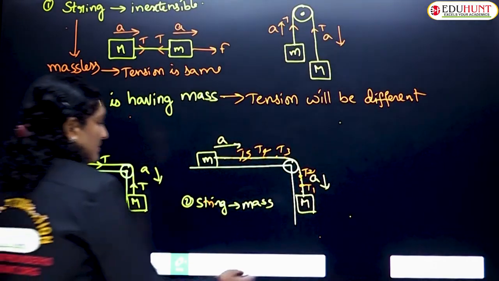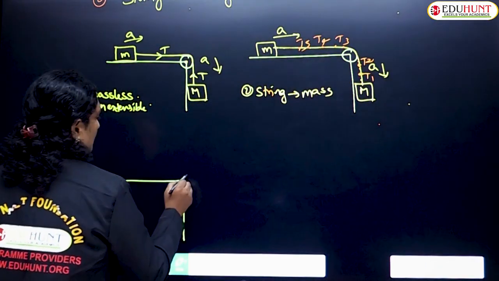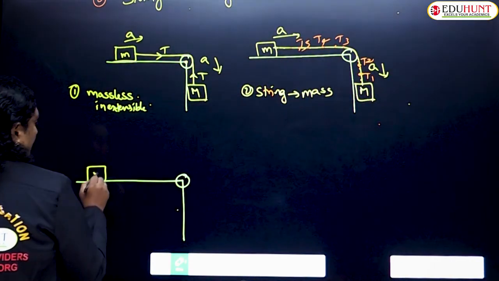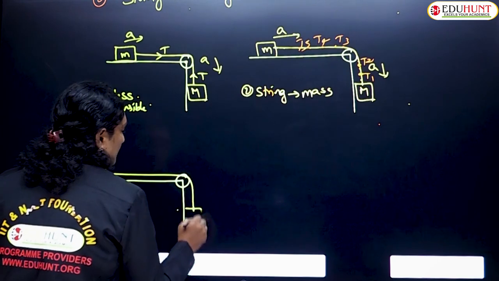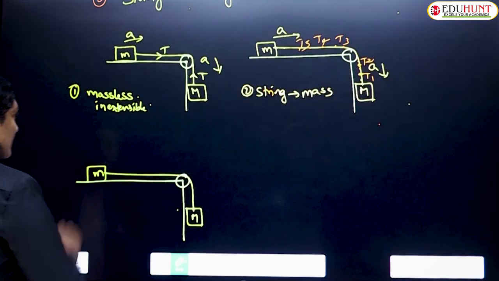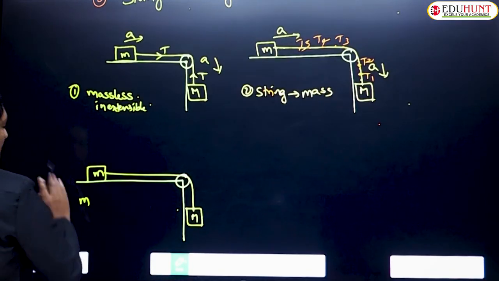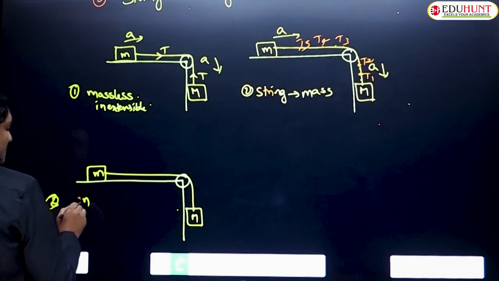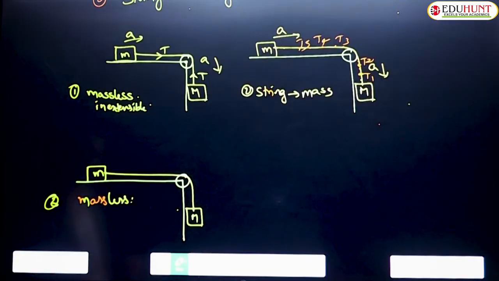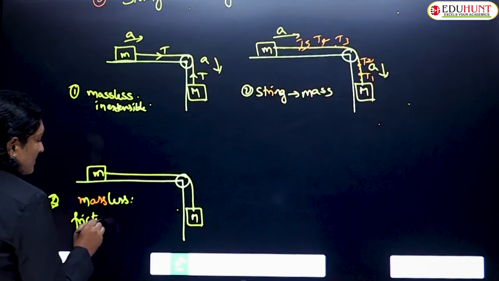Now one more example, children. Again the same table to which a mass M is attached to another mass capital M with the help of a string, and in this case, case 3, the string happens to be massless. The string is massless, but there is friction between the pulley and the string.